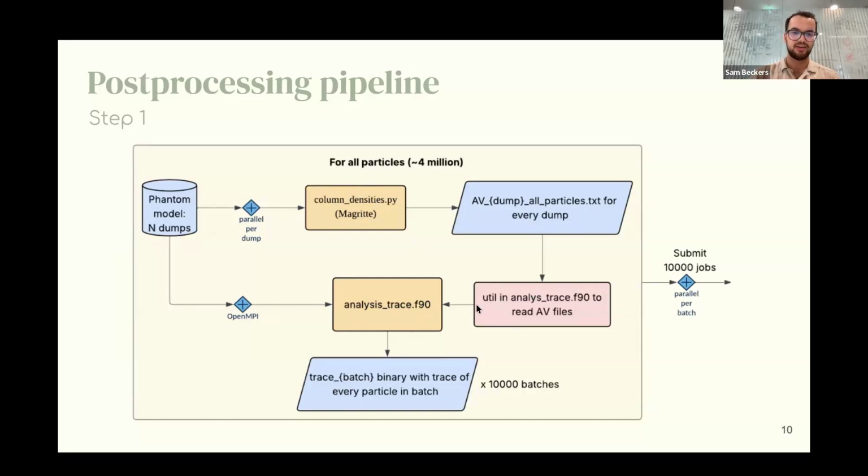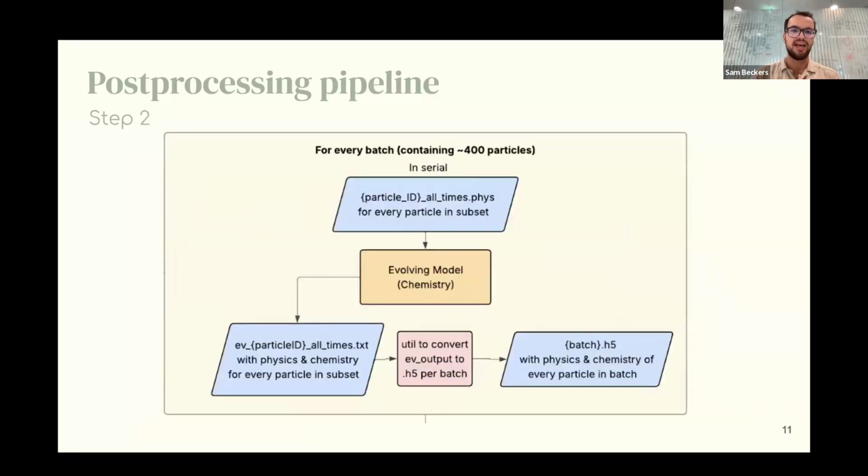We organize that all into 10,000 batches, which has the trace of every single particle organized into those batches. And then we submit 10,000 jobs. Why 10,000? That's actually the limit of the supercomputer that we used, the amount of jobs that you can submit. Every batch contains about 400 particles.